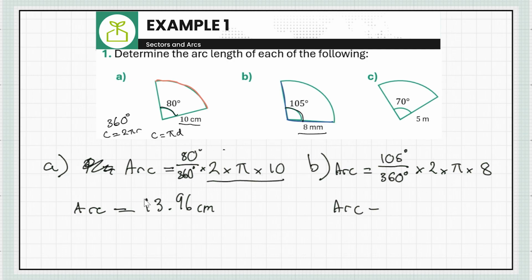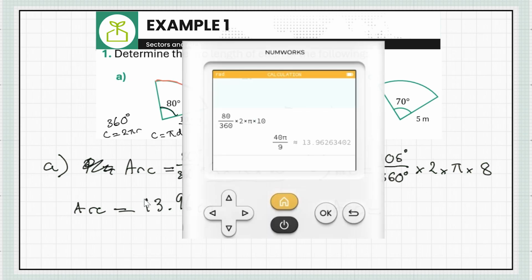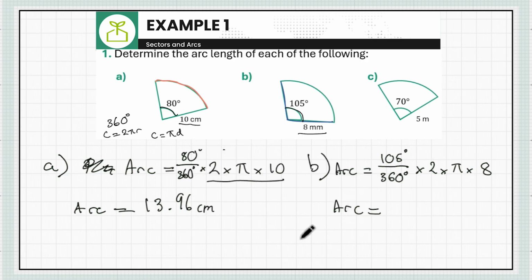So our arc in this particular case is going to be equal to... the fraction simplifies down to 14 pi over 3, and our actual result is going to be 14.66.